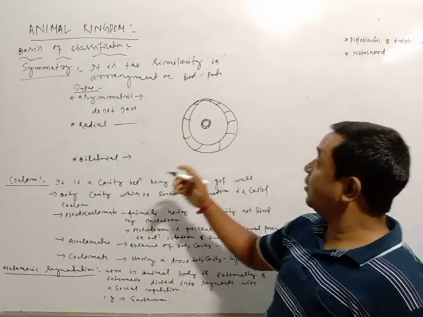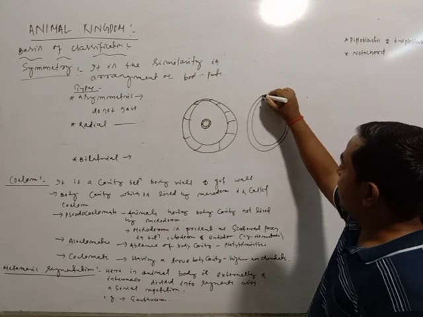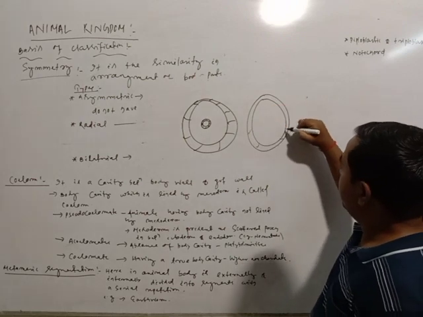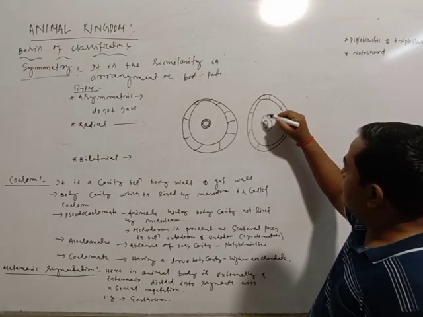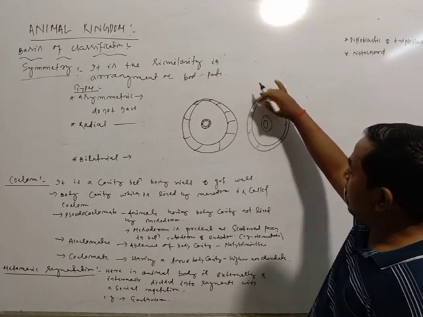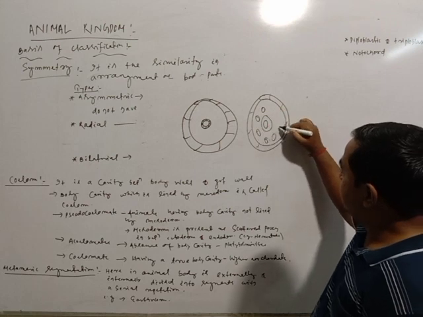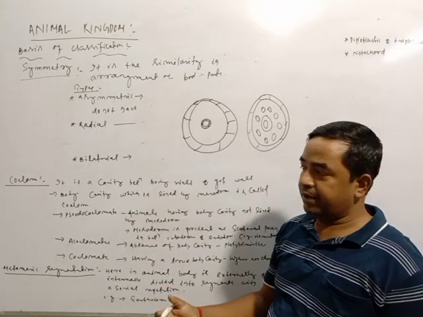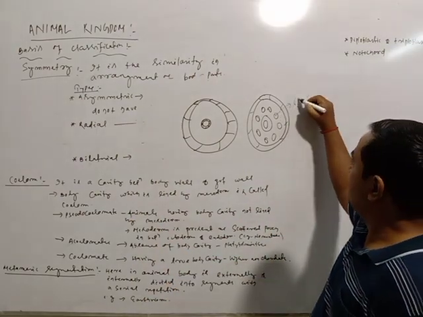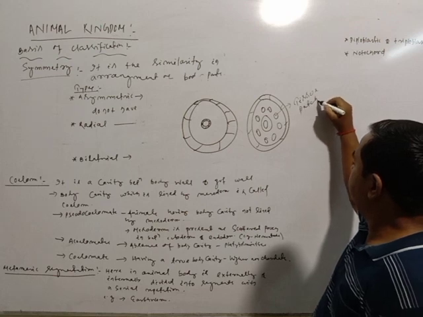But in some cases, like Aschelminthes or Nematohelminthes, although the body contains an elementary canal and body wall, instead of having any definite mesoderm-derived cavity, it has tissue patches.